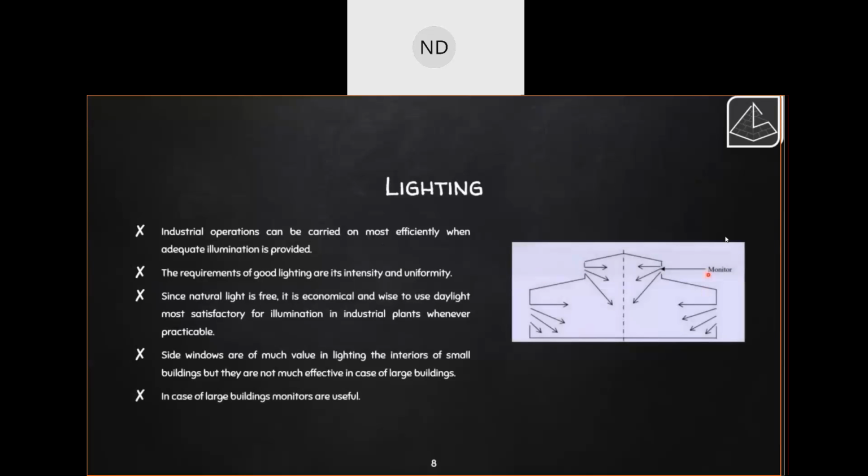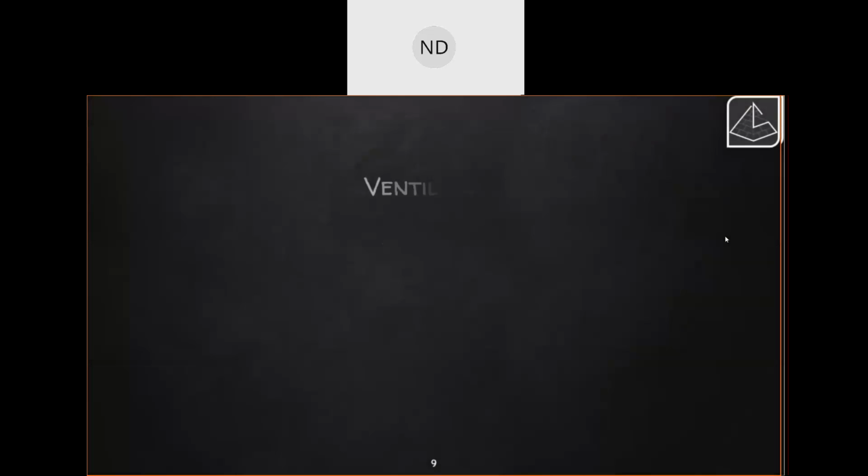This is a monitor, which will have side windows and can illuminate the middle of the building as well. If the span is smaller, the windows are sufficient.